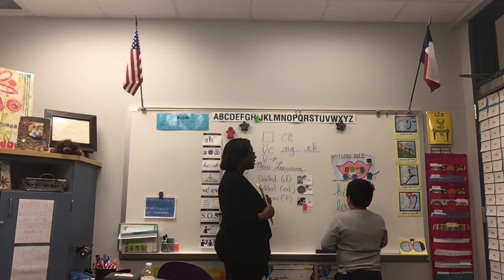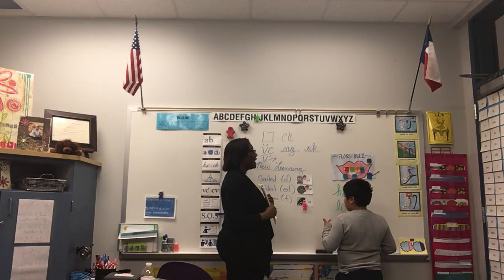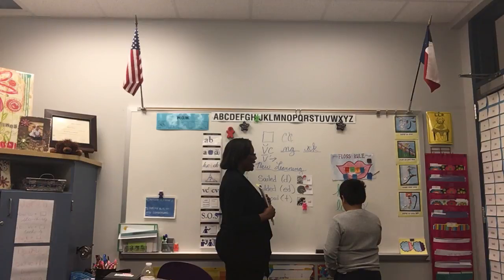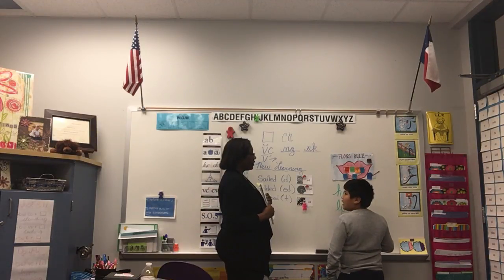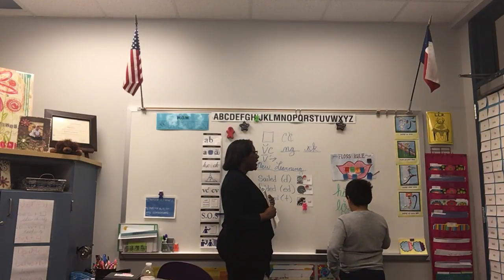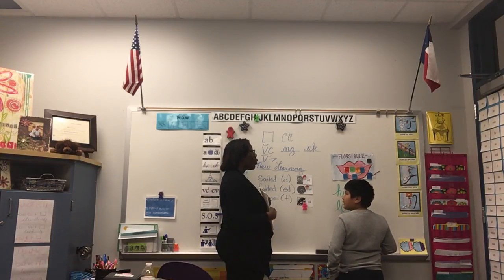All right, let's do one more. Deal. Spell it out loud. D, E. Deal. Code and read it and tell me if that's right. Is that deal? Well, look at this.